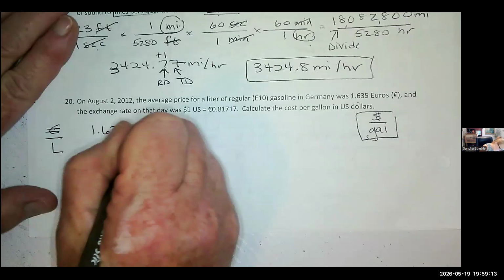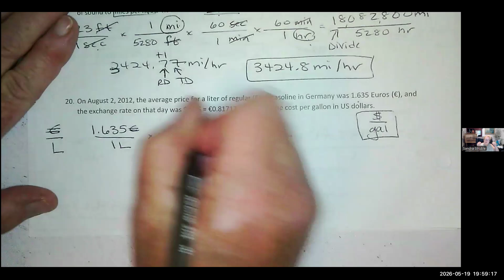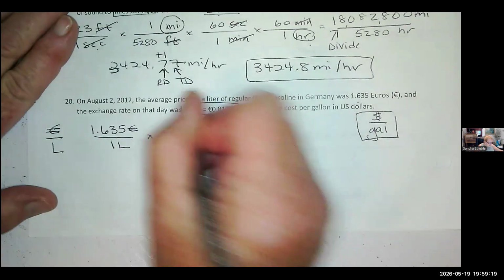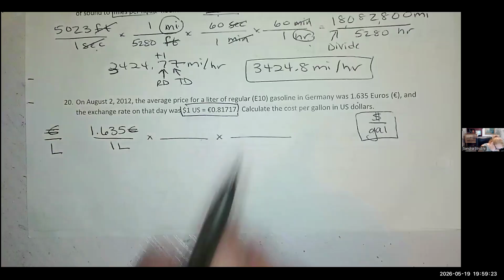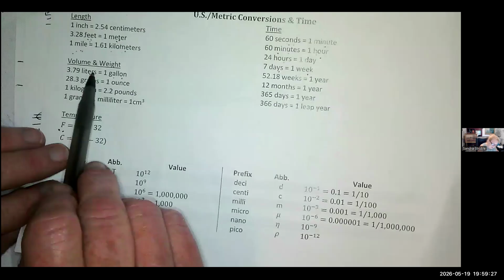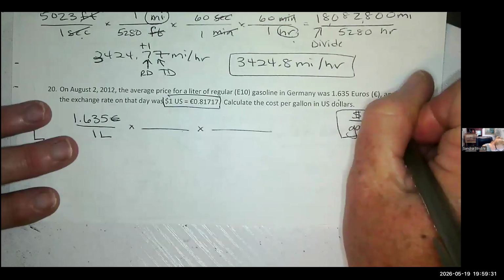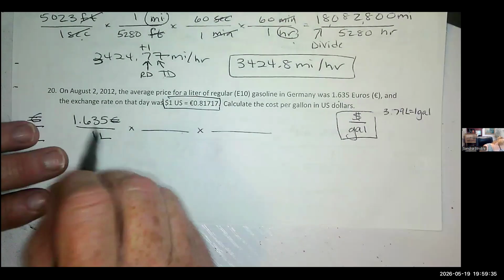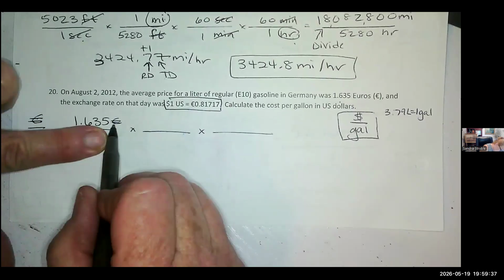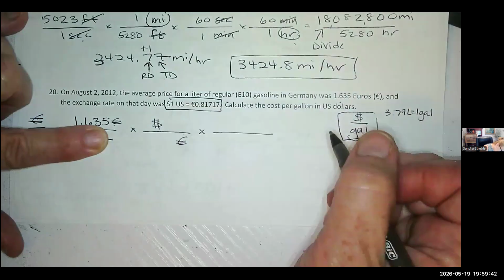We're going to need to do a couple conversions. This is a conversion, but we also need to get from liters to gallons. 3.79 liters is 1 gallon. So let's go from euros to dollars, and that's $1 is 0.81717 euros.